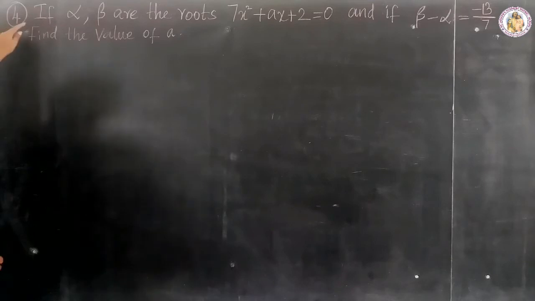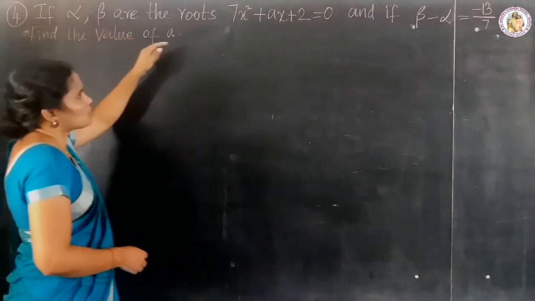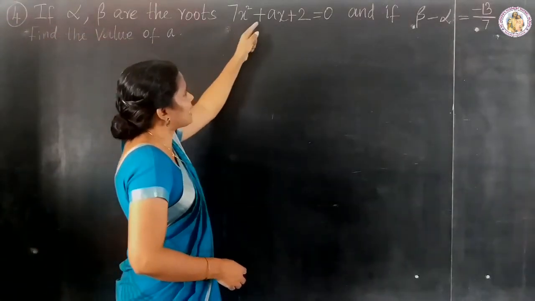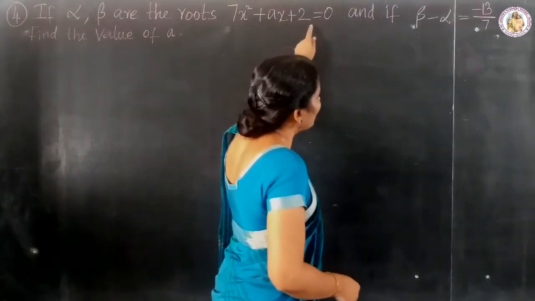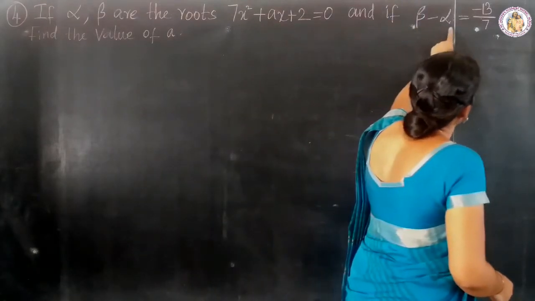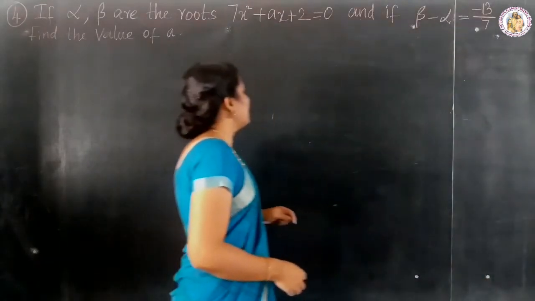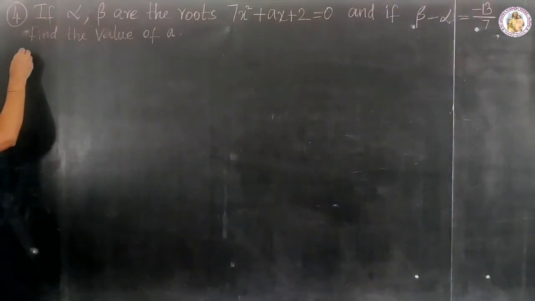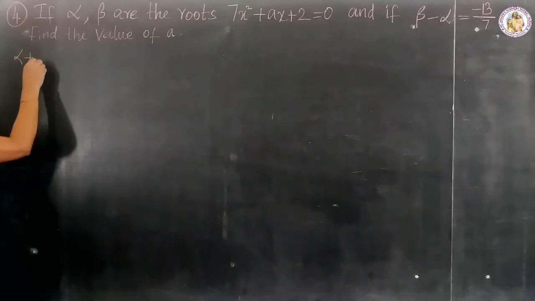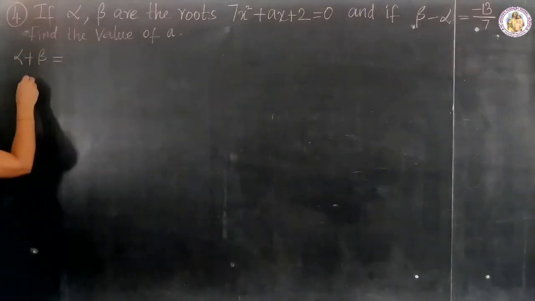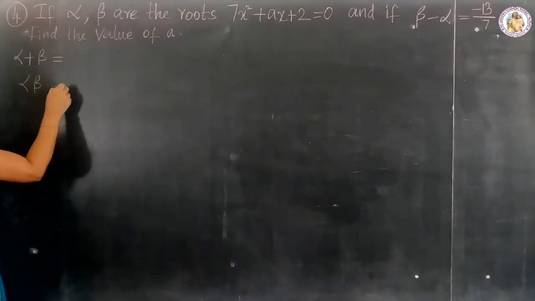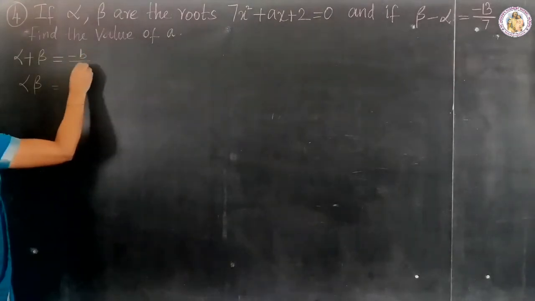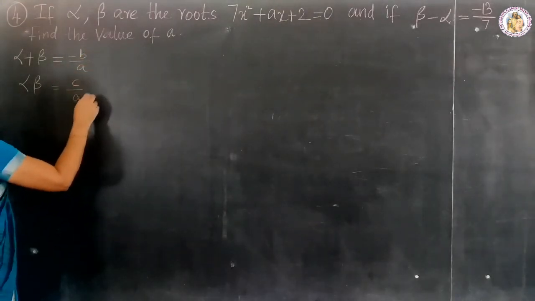Question number 4. If alpha and beta are the roots of the equation 7x square plus ax plus 2 is equal to 0, if beta minus alpha is equal to -13/7, find the value of a. Now let us find alpha plus beta, that is sum of the roots, and product of the roots. Sum of the roots is minus b by a and product of the roots is c by a.